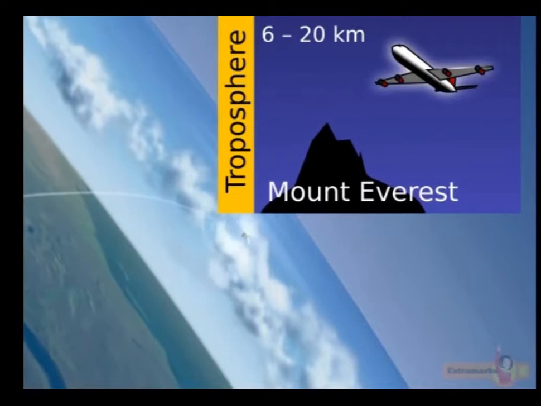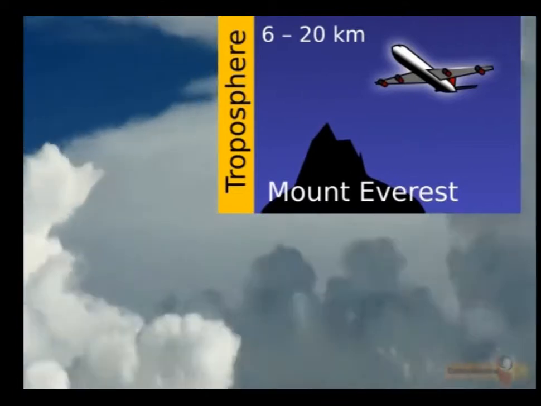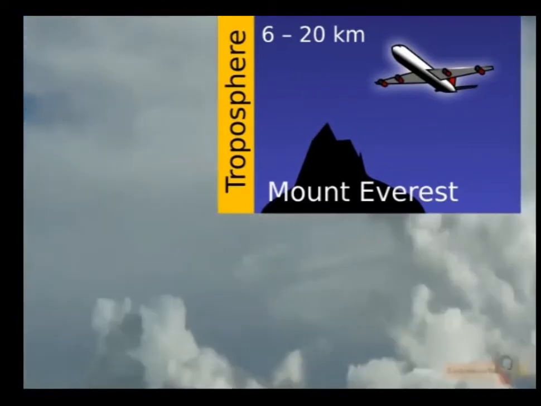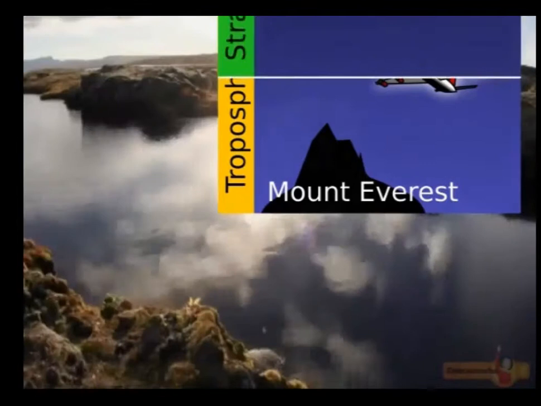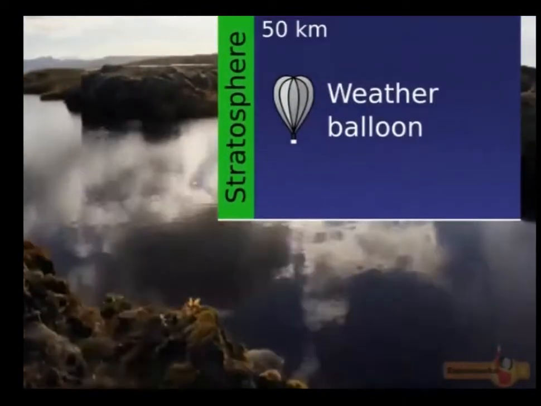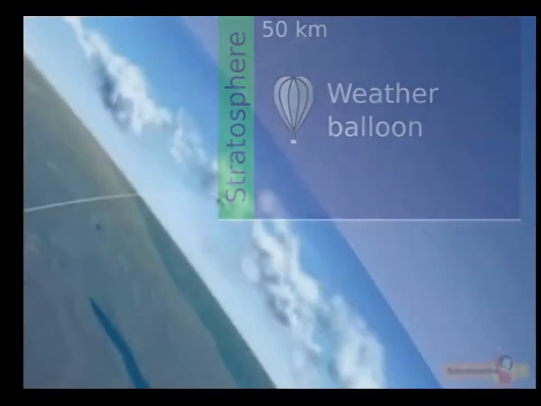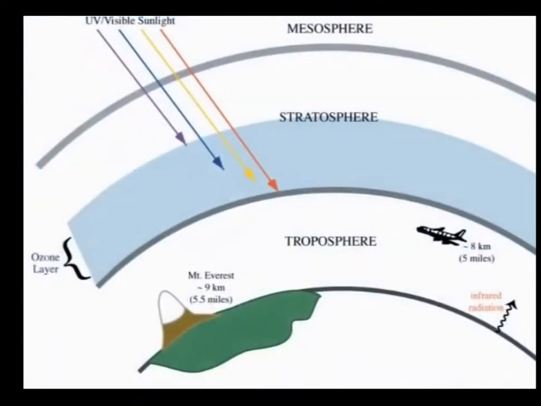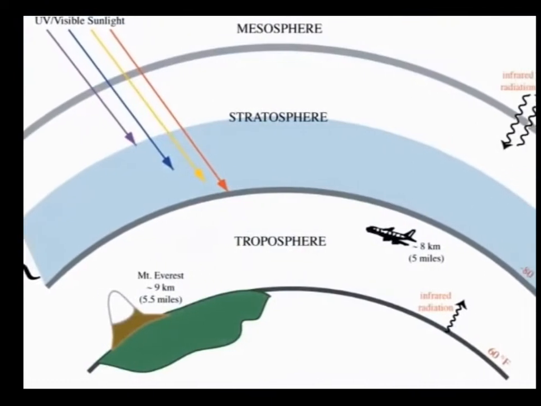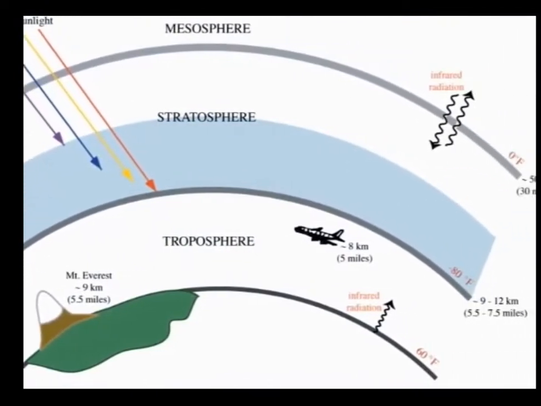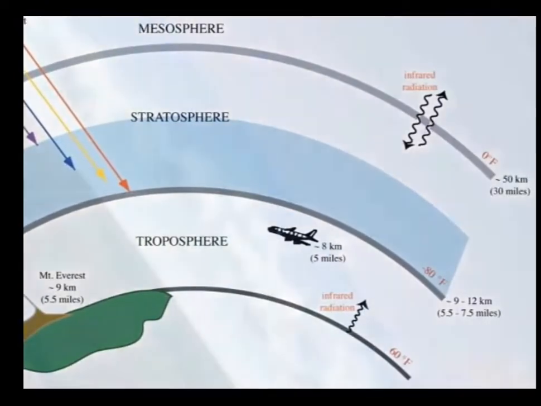Approaching 13 kilometers, an invisible boundary in the atmosphere is crossed where the troposphere becomes the stratosphere. This contains ozone gas, which protects the Earth from the sun's harmful ultraviolet radiation by partly absorbing it.